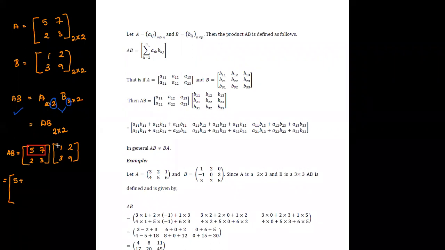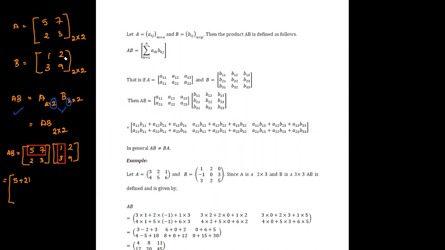Then we will get this value as 5 times 1 plus 7 times 3. It is now 21.